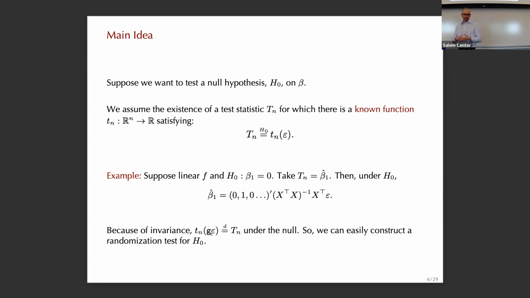Just because my errors, this T of n is equal to Tn of epsilon, so any transformation you make in the errors have the same distribution, and so if you pass it through a function, this test statistic function is going to have the same distribution again. Okay, so now for any g, for any transformation, you have two quantities that have the same distribution, and now you can construct a randomization test.